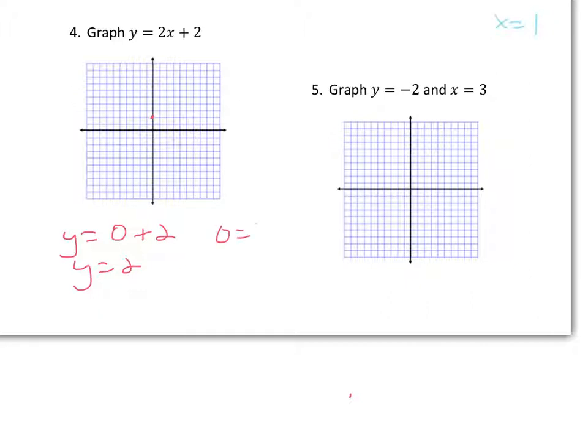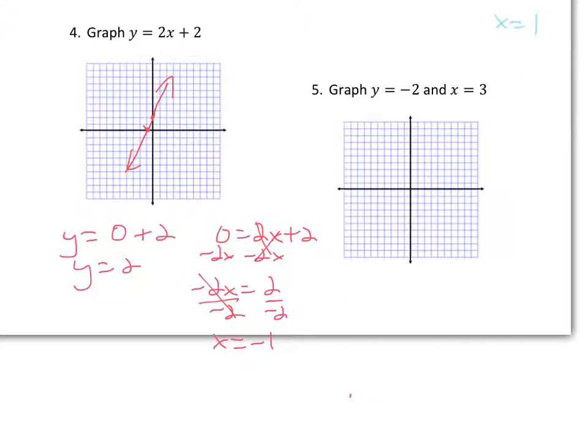So 0 equals 2x plus 2. We're trying to get x by itself, so we're going to move it over. We've got negative 2x equals 2, divide by negative 2, and x equals -1. So there we go. We got our x and y intercepts. Connect the dots. And there's your line.